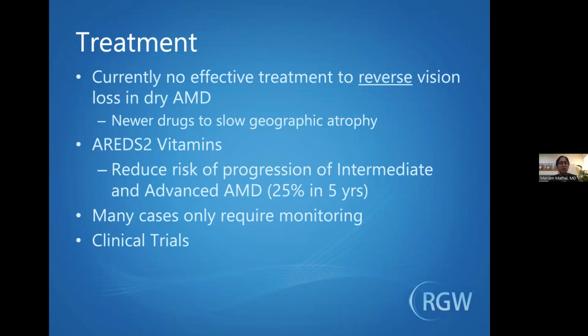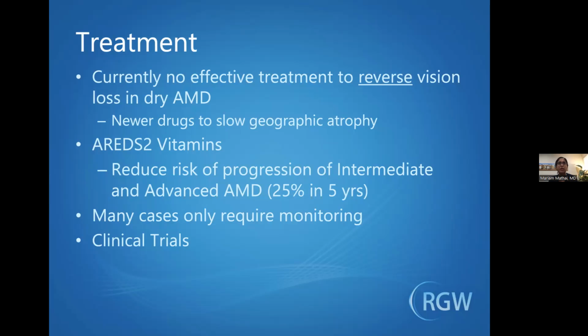These multivitamins are only recommended if you already have macular degeneration. It unfortunately didn't show that it was preventative for developing it, but once you have it, it does slow down the progression. And these multivitamins are called the AREDS 2 multivitamins.